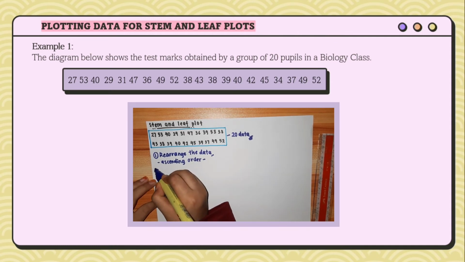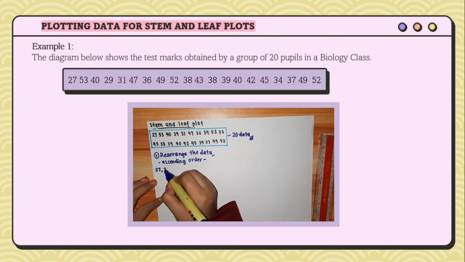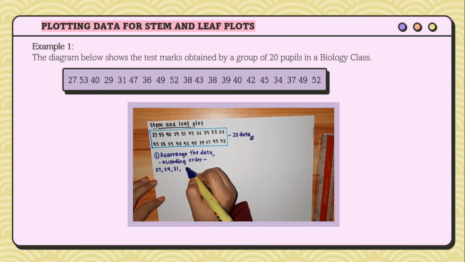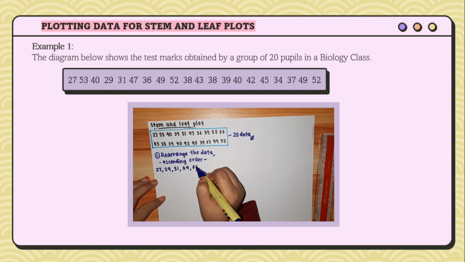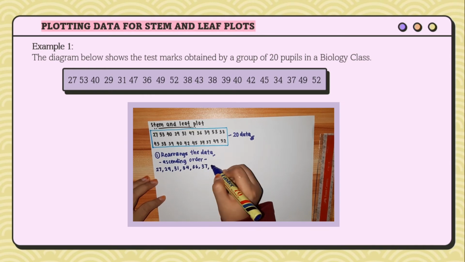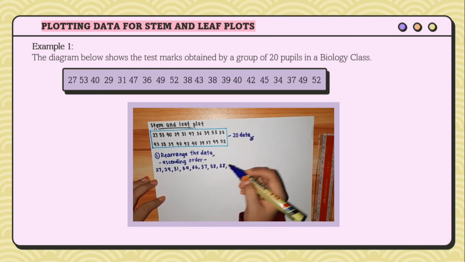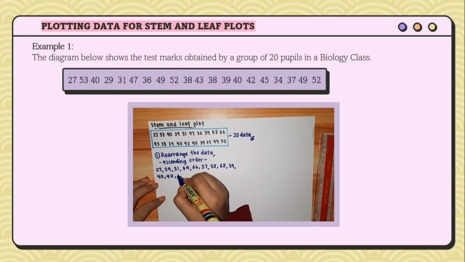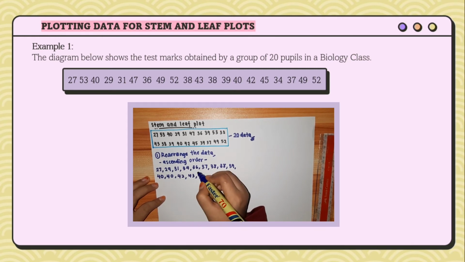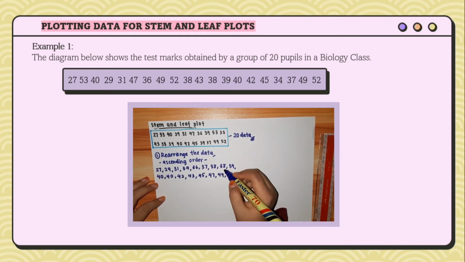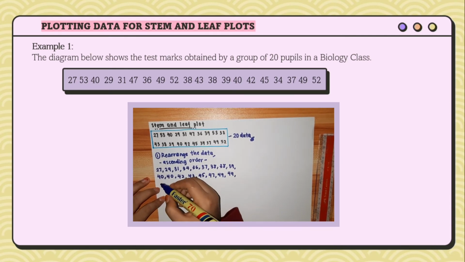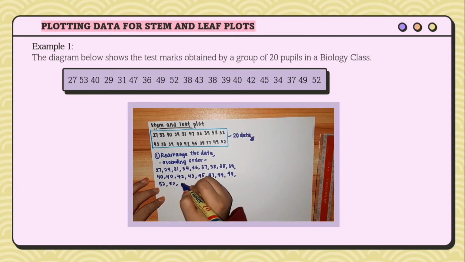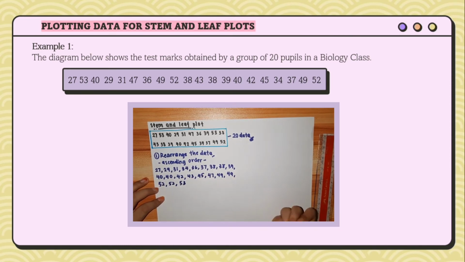The smallest number for this data is 27. Next, 29, 31, 34, 36, 37, 38, 38, 39, 40, 40, 42, 43, 45, 47, 49, 49, 52, 52, and the last one is 53.